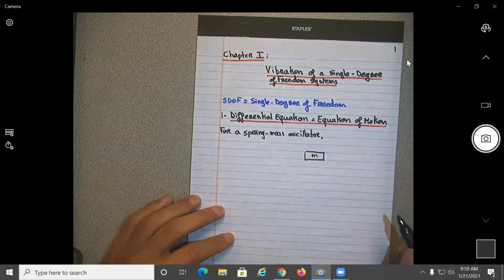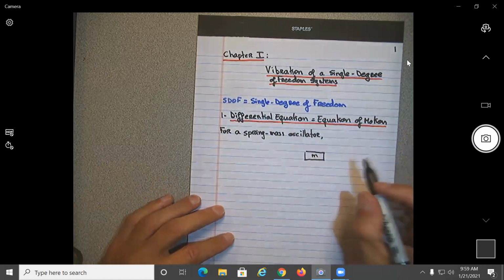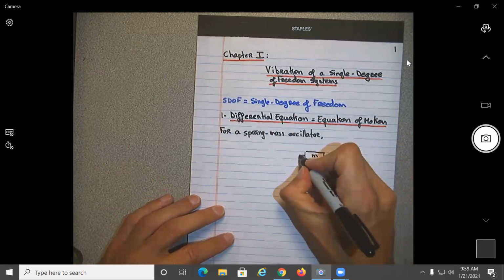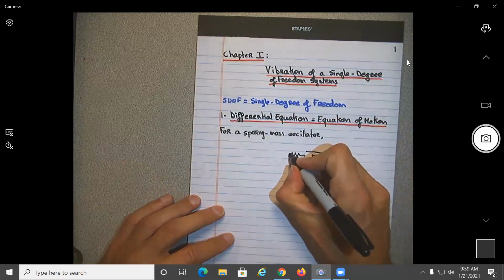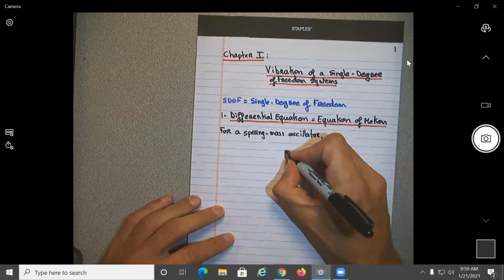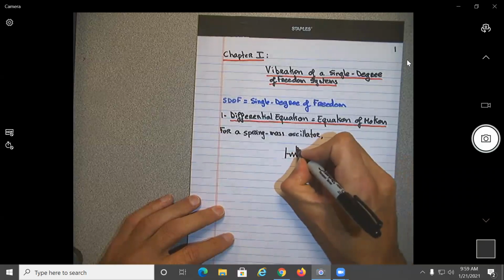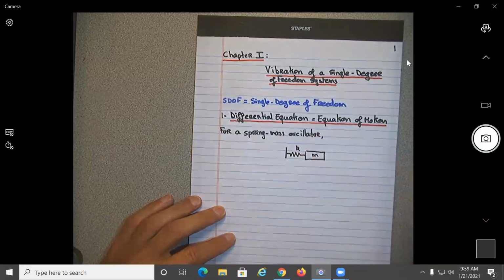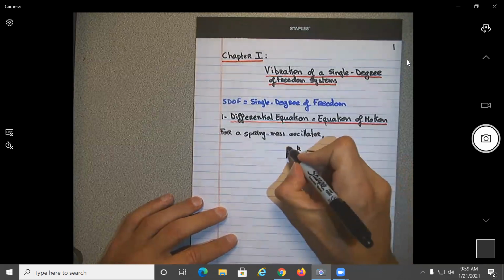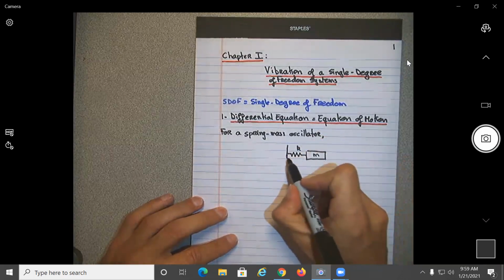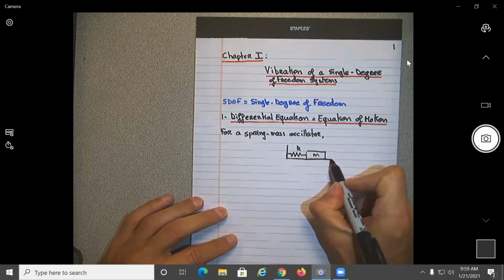This would be the mass M. Now we need a spring. Let's say this spring is attached to the wall, and let's say the mass is sliding on the surface.